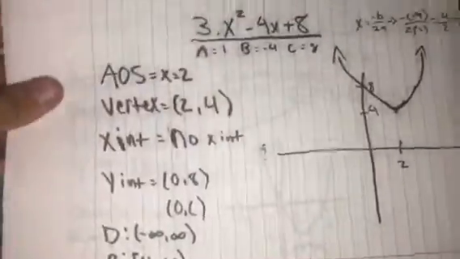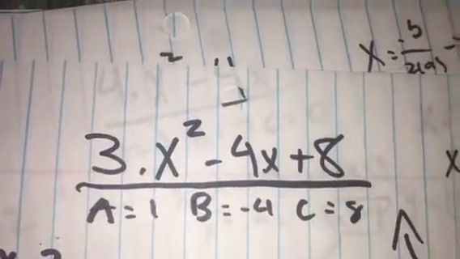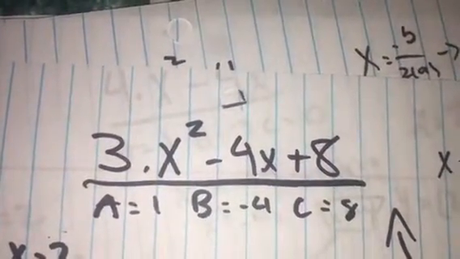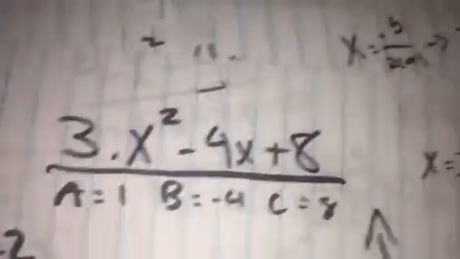Okay. Problem number 3. We have x squared minus 4x plus 8, where a equals 1, which is the x squared, b equals negative 4, and c equals 8. Let's start out with step 1.